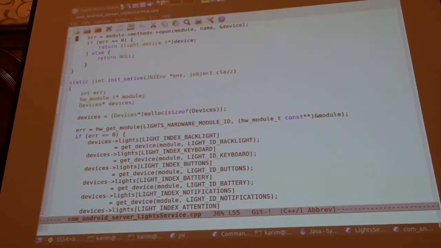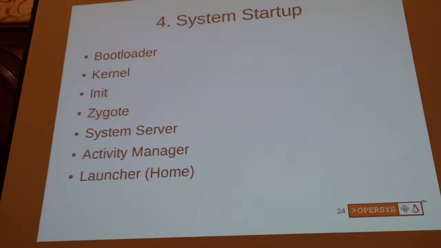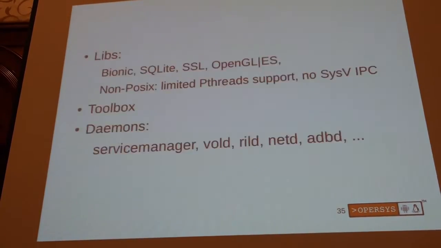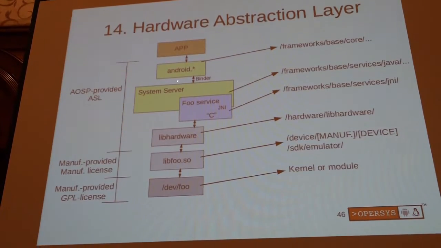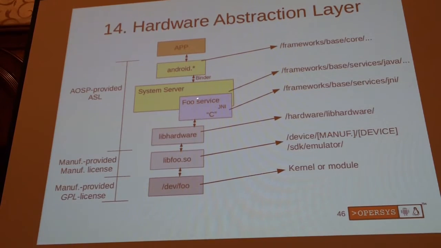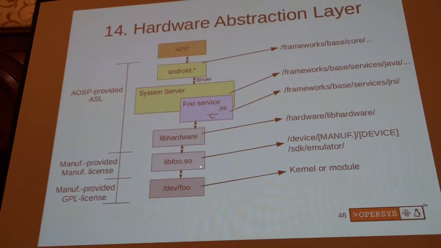And if you go back to my diagrams, just to fit all this stuff together, we have the system service, the light service here in Java. Its C counterpart talks to the HAL, gets this SO, and it can then talk to that SO.